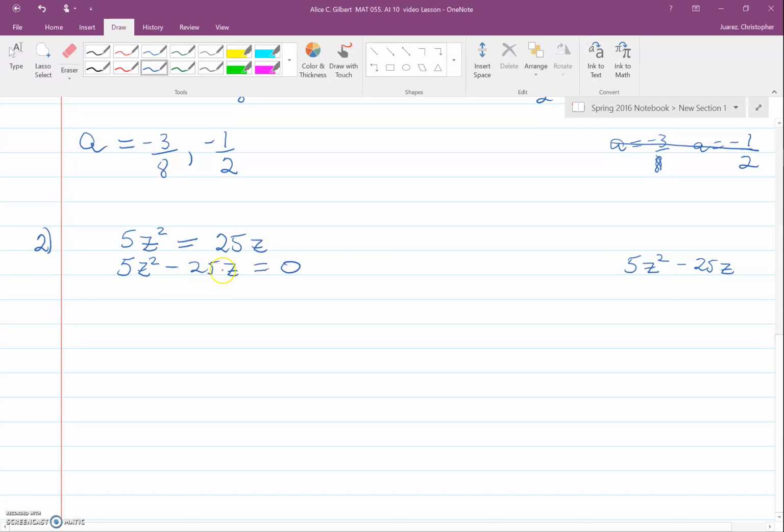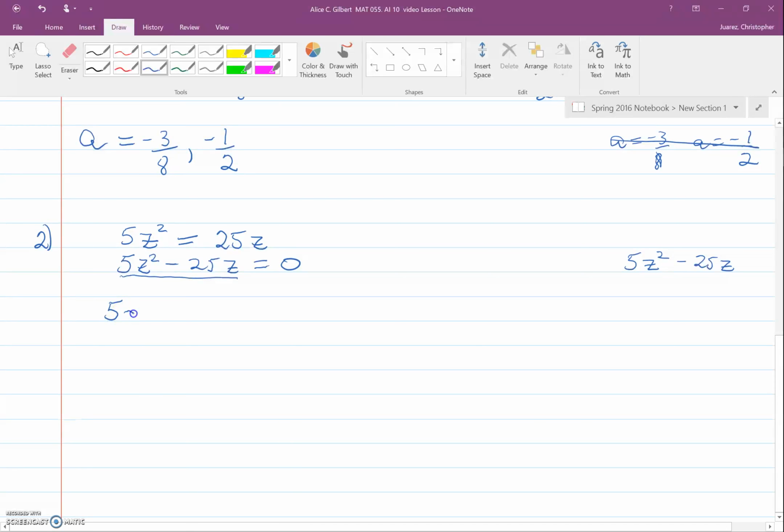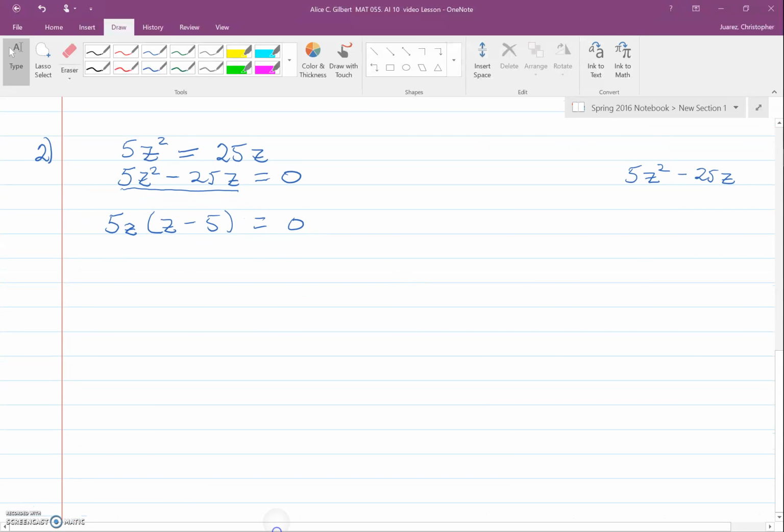So I look at just this part and think about rule number 1: is there a greatest common factor? Well, yep, I can get a 5 and a z out. That leaves me with z minus 5 equals 0. Now it's fully factored. These are two factors.